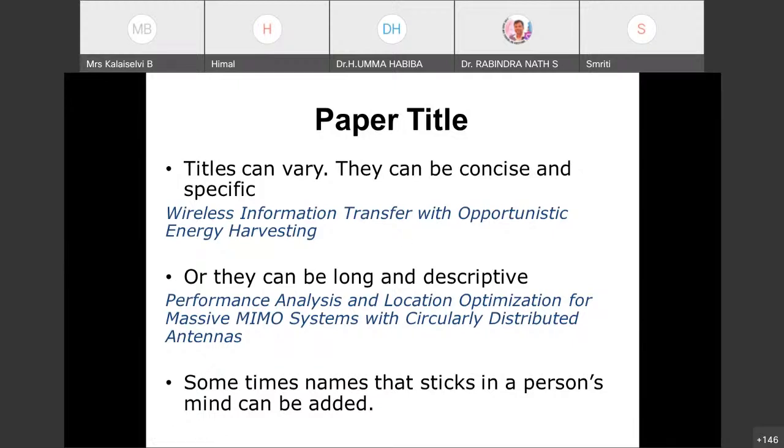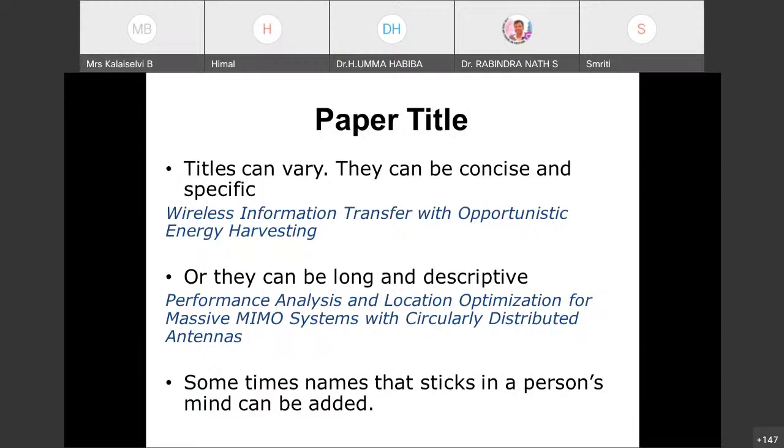Or else sometimes they can be long and descriptive, right? Normally in a letter paper, I have seen short and specific kinds of titles, and in original research papers, there could be long and descriptive titles. So in general, you cannot tell that short is good or long is good. It depends on the context, right?